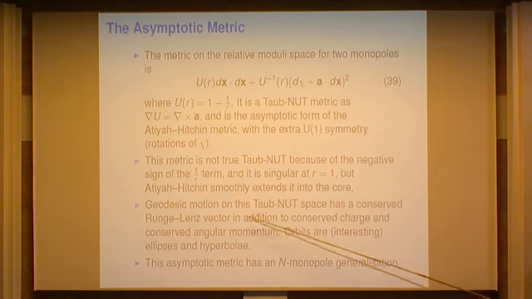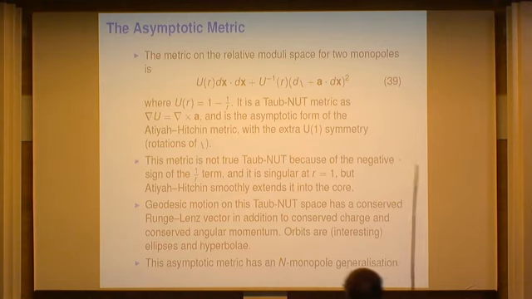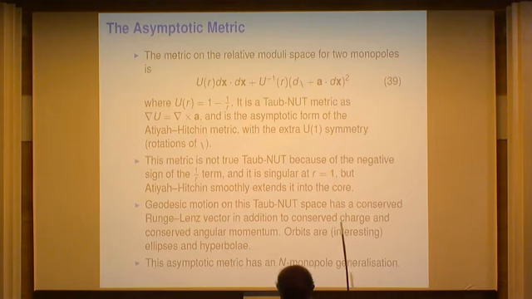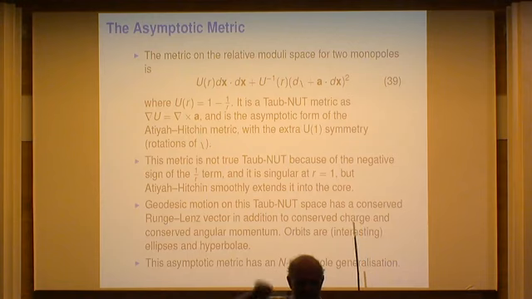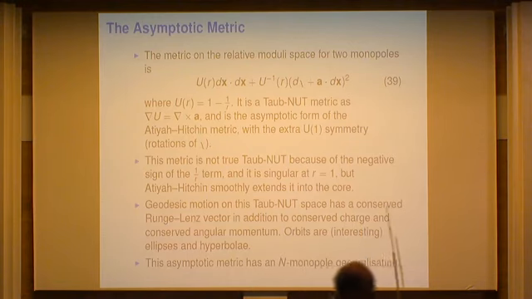The orbits are interesting ellipses and hyperbolae. So the generic central force problem would give a spiraling kind of motion, and in fact monopole motions without the scalar charges tend to be spiraling on cones. But this gives closed orbits, which is very special for these Bogomolny monopoles.